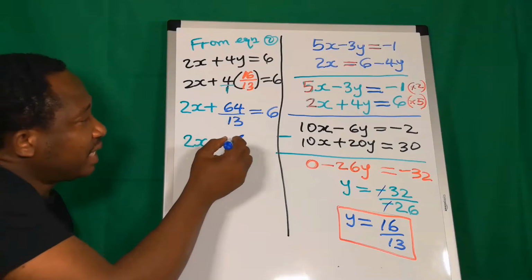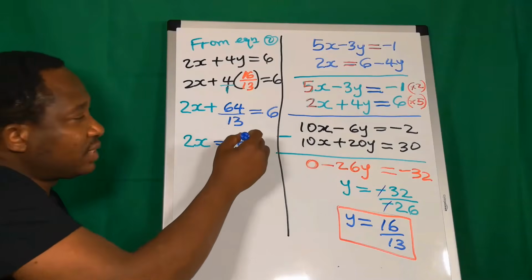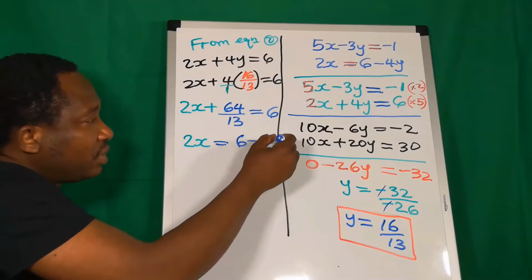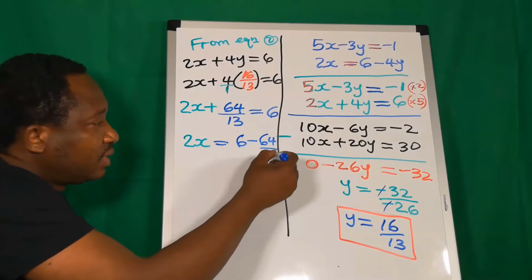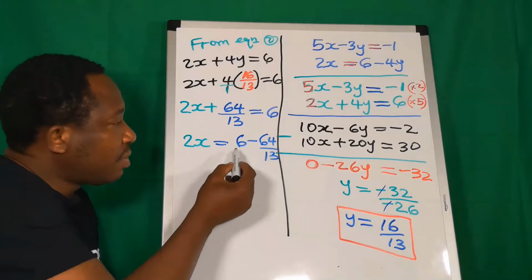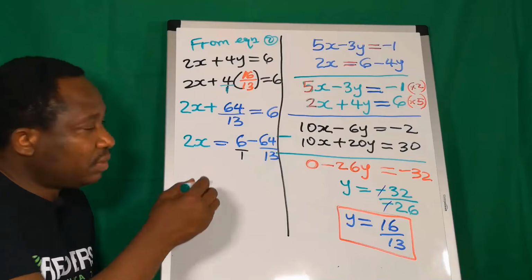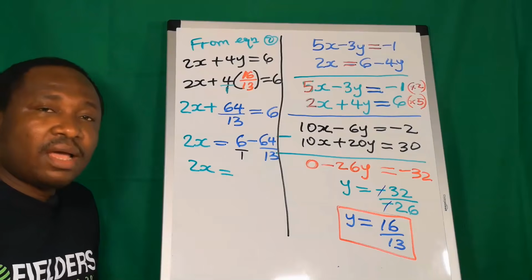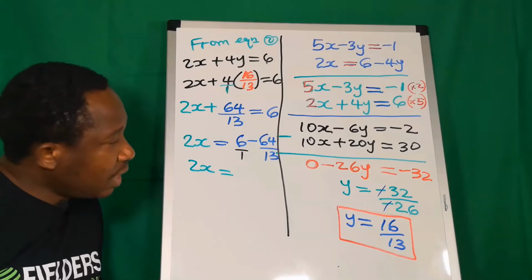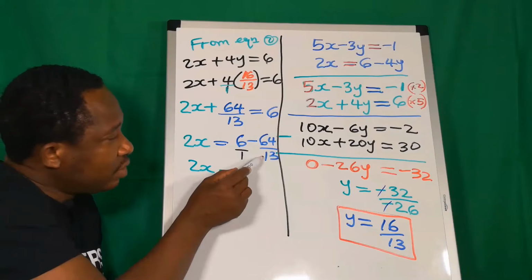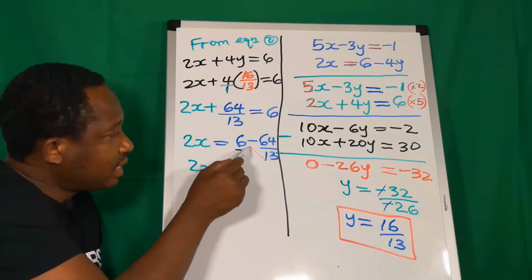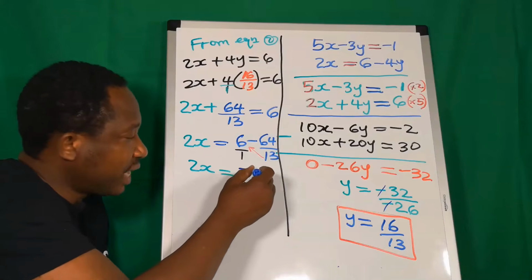64 divided by 13 will move over to the other side and become minus 64 over 13. Next, remember, this 6 is like over 1. What we're going to have here is 2x, and on the other side, I'm going to have 13 multiplied by 6, which is 78.